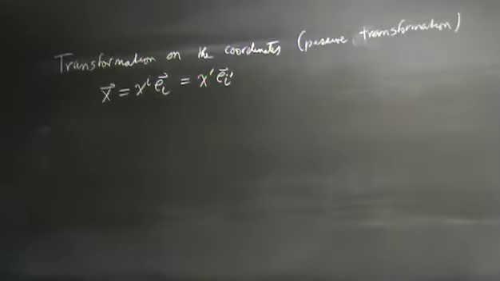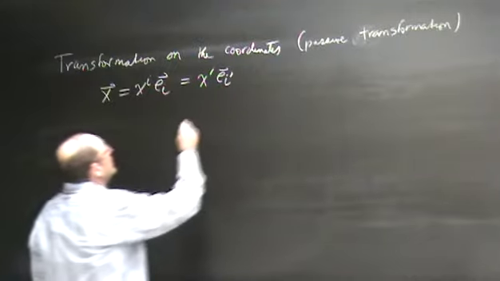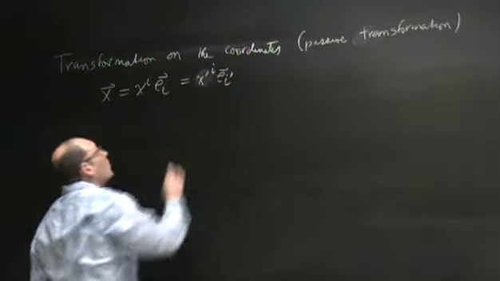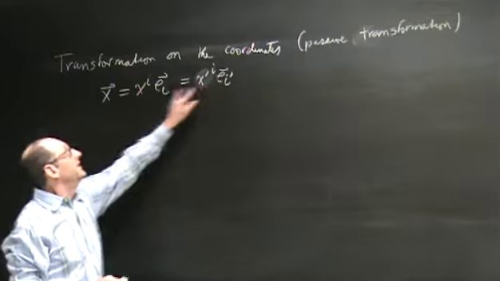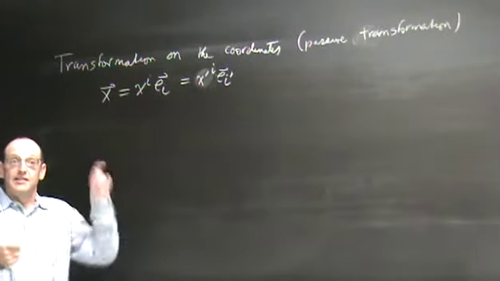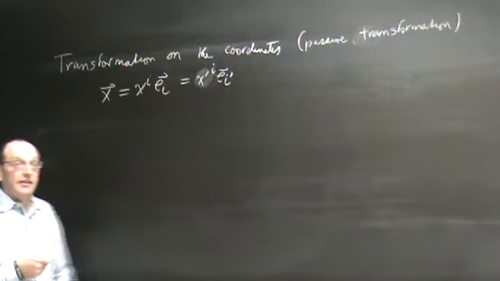So the basis vectors have shifted, but the vector hasn't. It just has new coordinates with respect to them. Is that clear, the difference? So now I want to ask what these new coordinates are with respect to the old coordinates for the same vector. That's a change of coordinates.